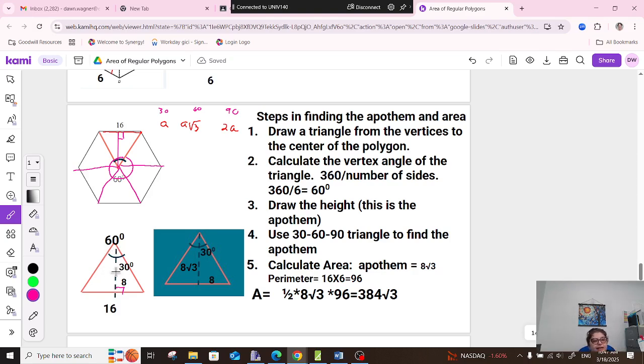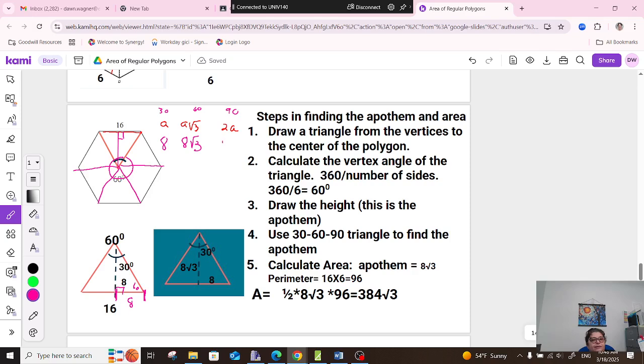So this mini triangle on the inside here is a 30, 60, 90 triangle. And if this whole length was 16, what's from here to here? What's half of 16? 8. So this is 8. If I remember my 30, 60, 90 triangles, if across from the 30 is 8, then across from the 60 would be 8 square root 3.